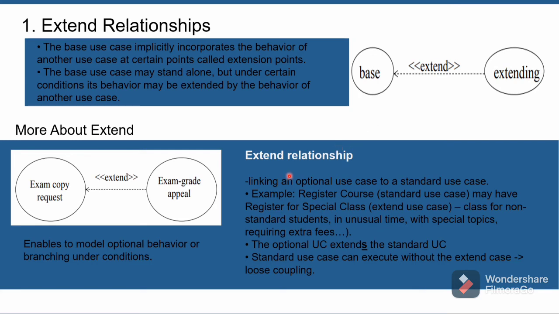Extend relationships link an optional use case to a standard use case. Example, register course may have register for special class for non-standard students in unusual time with special topics requiring extra fees. The optional use case extends the standard use case. The standard use case can execute without the extend case, or the loose coupling.